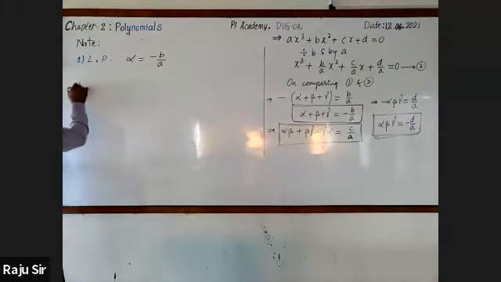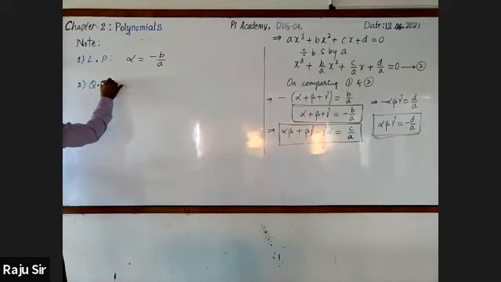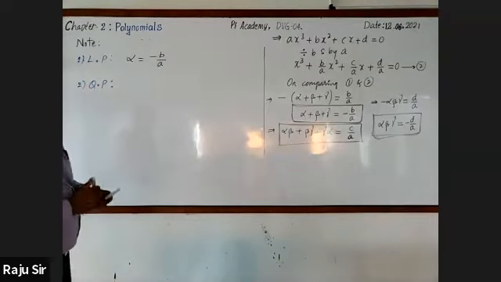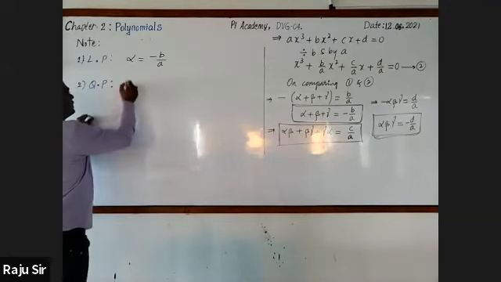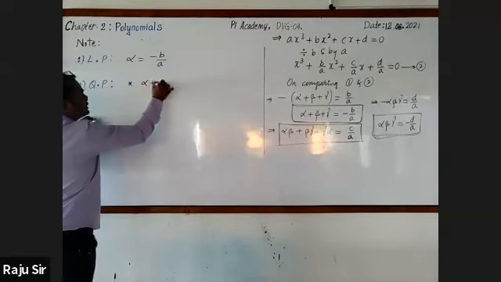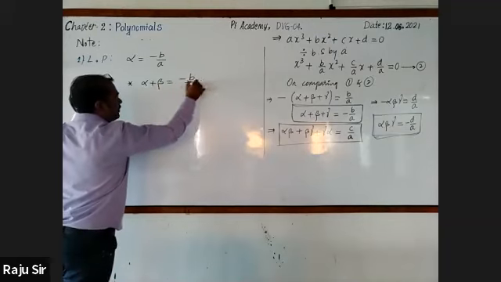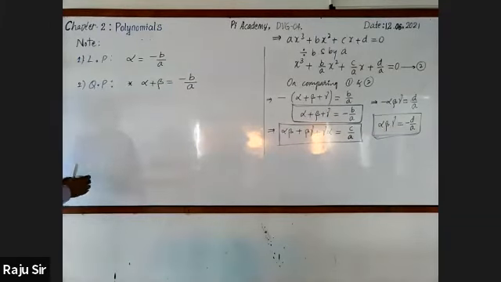Next, second, quadratic polynomial. In that first relationship, it is alpha plus beta equal to minus b by a.